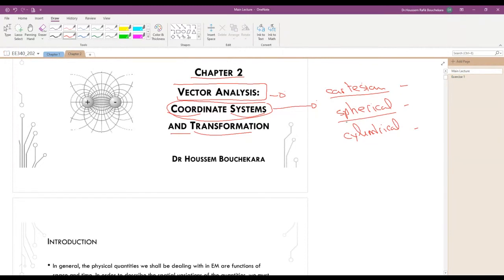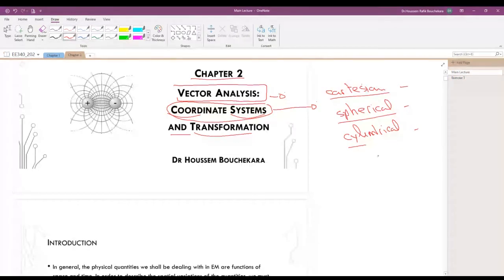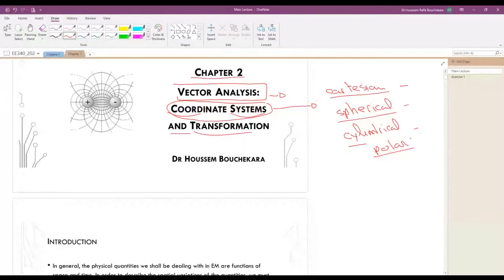طيب ليش عندنا يعني 3 main coordinate or 3 coordinate systems. Why we do have these 3 coordinate systems? Yes, polar يا شباب هي ال 2D version of the cylindrical. Okay, it's called polar.